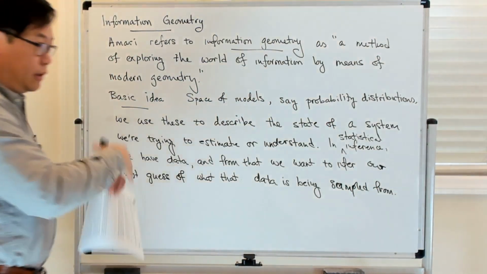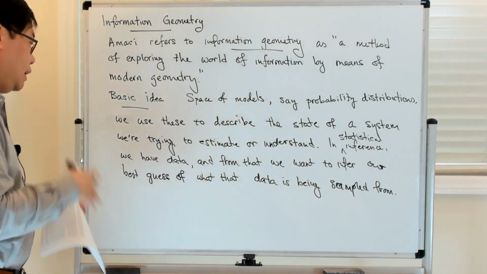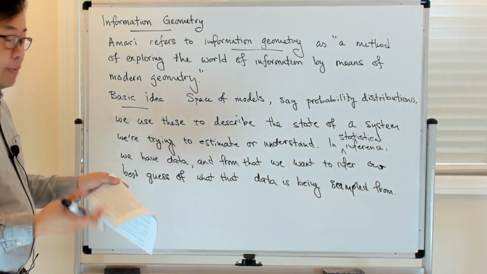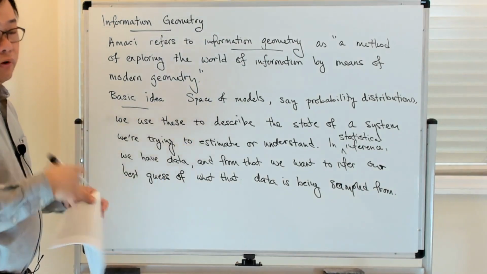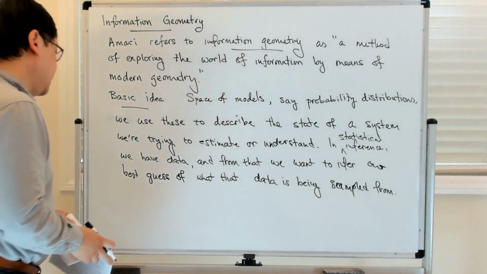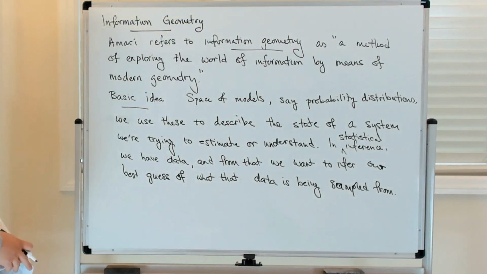So imagine, for example, there's some underlying probability distribution, and you sample from that, and from that data you want to infer what that probability distribution is. So that's one possible example.